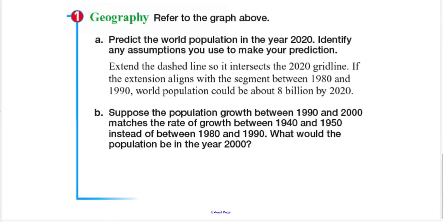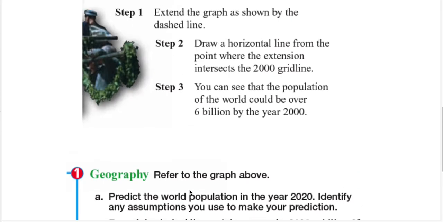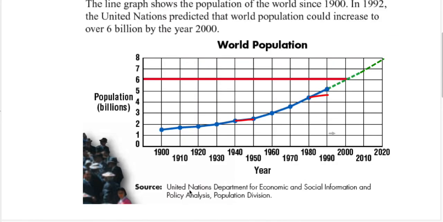If we follow that rate of growth, what will be the population in the year 2000? The line segment between 1940 and 1950 is not as steep as the one between 1980 and 1990, so the population would probably be less than 6 billion. Why?